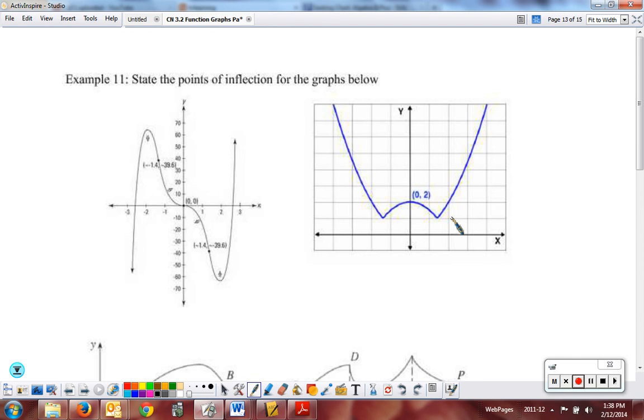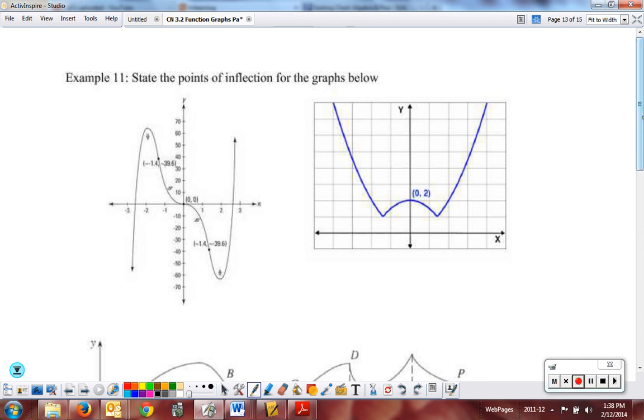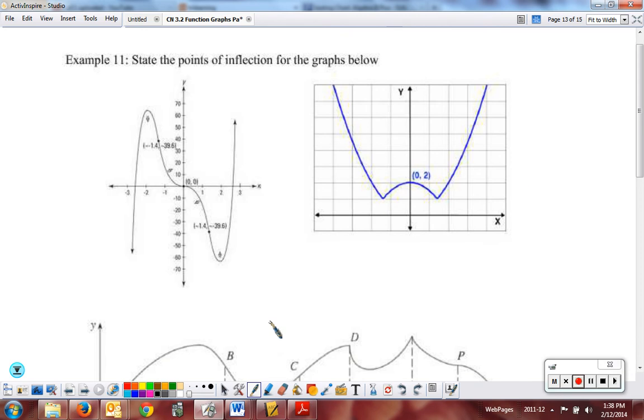All right, so example 11. If I give you something like this, I pretty much have to label and put points of inflection on there for you. You can't find them unless I tell them to you. So pretty much anytime we talk about concavity, because you're in Algebra 2, the toddler math version, I'll tell you where they are. If I were to choose in this picture where the points of inflection would be, where would you see that there are points of inflection?